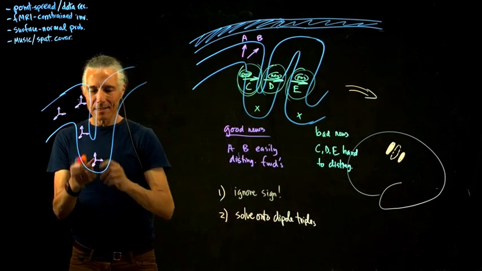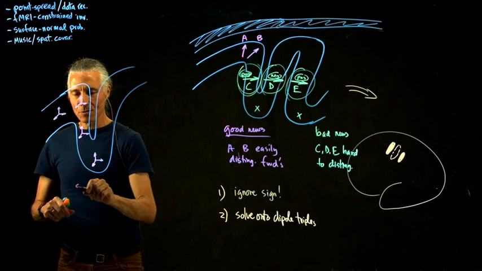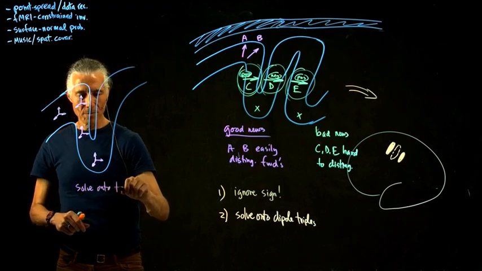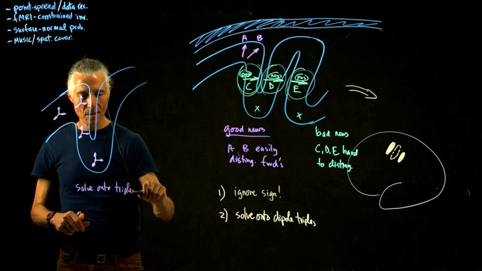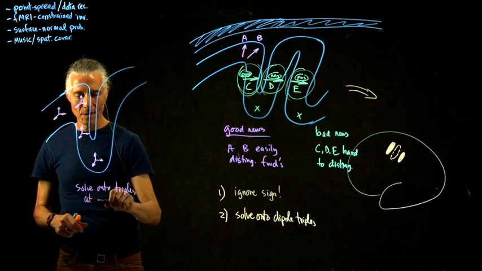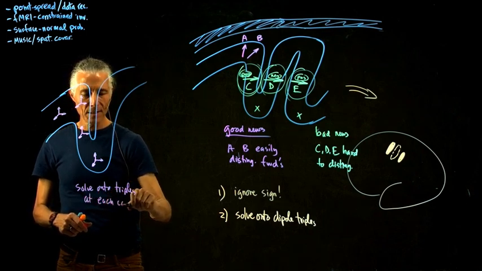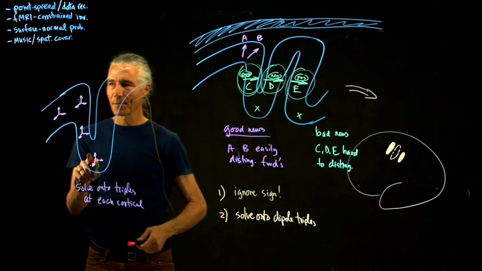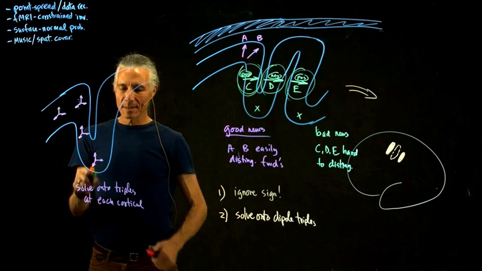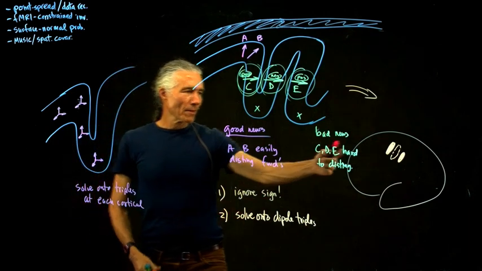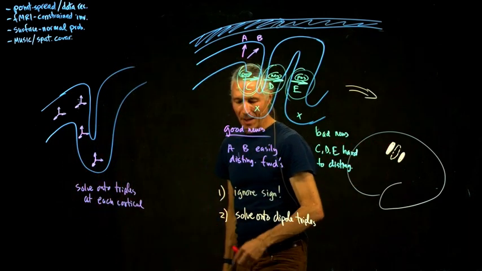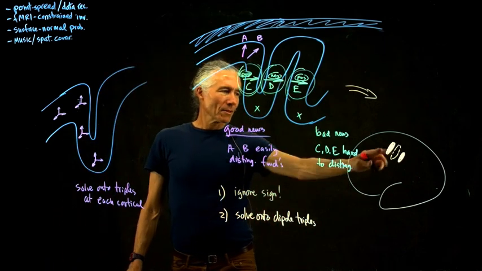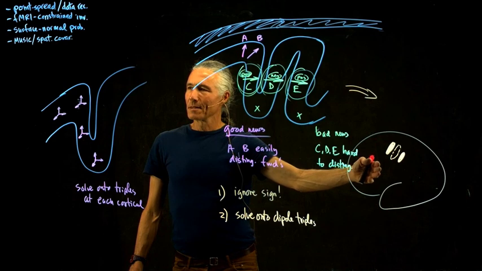So the idea is that instead, solve onto triples at each cortical point. This is still using the information about where you are in the cortex. But it will get rid of the gaps, and it will get rid of this alternation in sign.